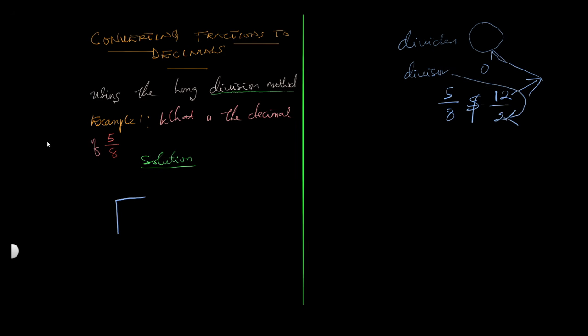So in this case, 5 here is our dividend, meaning we are dividing 5 by this 8. And 8 is our divisor. So the dividend being 5 is what we are going to put inside here. We put it inside and we use our divisor outside, that's 8.